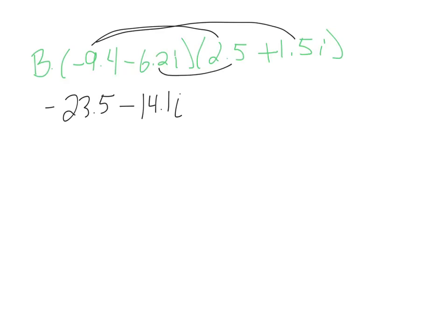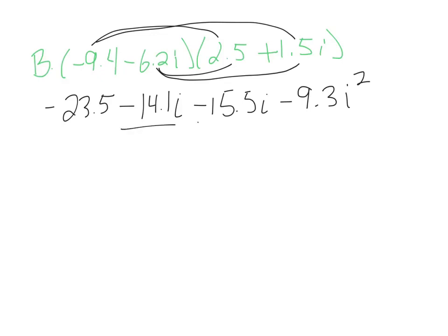And then negative 6.2i times 2.5 is negative 15.5i. And last but not least, we have negative 6.2i times 1.5i. This one's cool because it's negative 9.3, but they both have an i, so it's negative 9.3i squared.